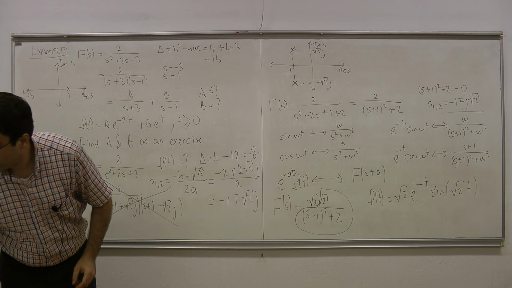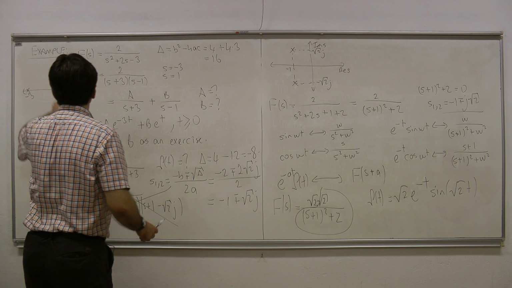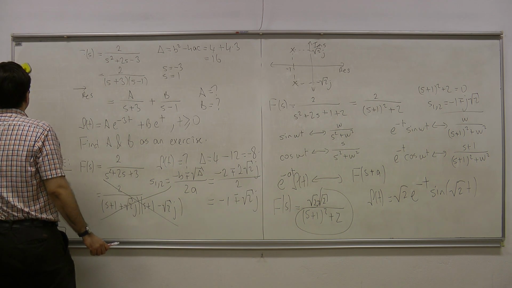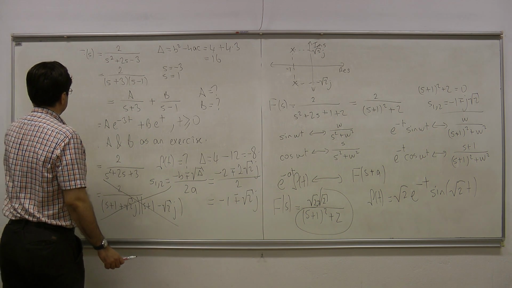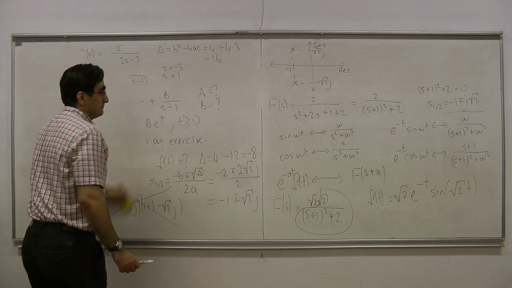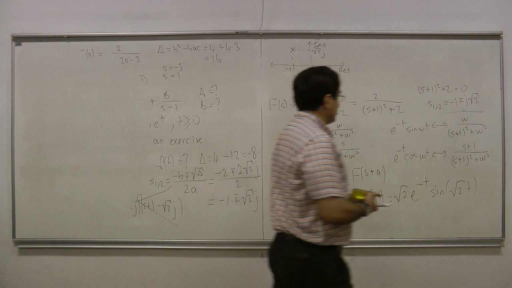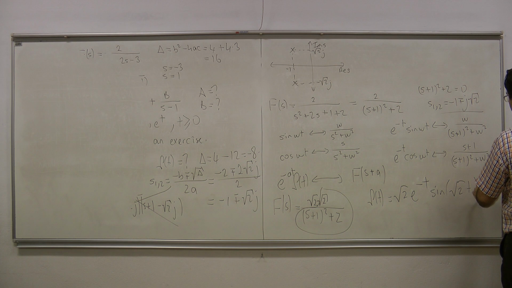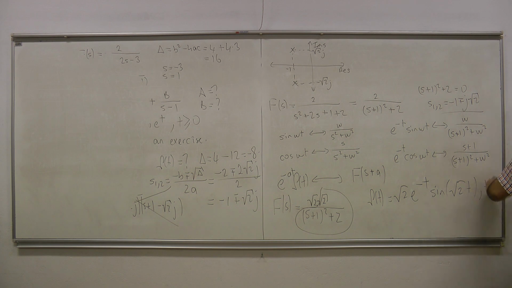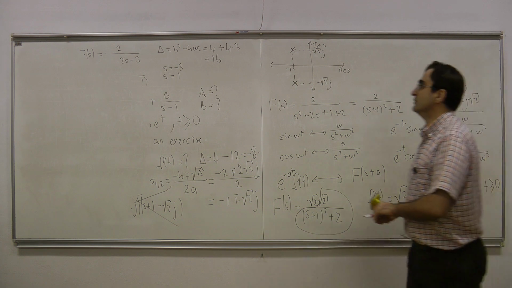So let us solve one more example. As you see in this lecture, I'm again constantly forgetting this t larger than or equal to 0. Before time t equals 0, this function is going to be 0, and this is only valid for non-negative t.